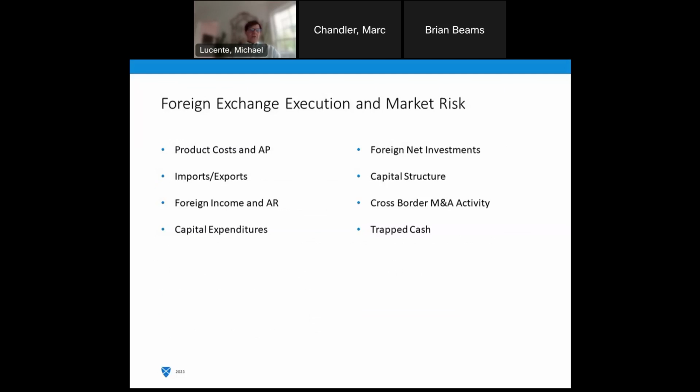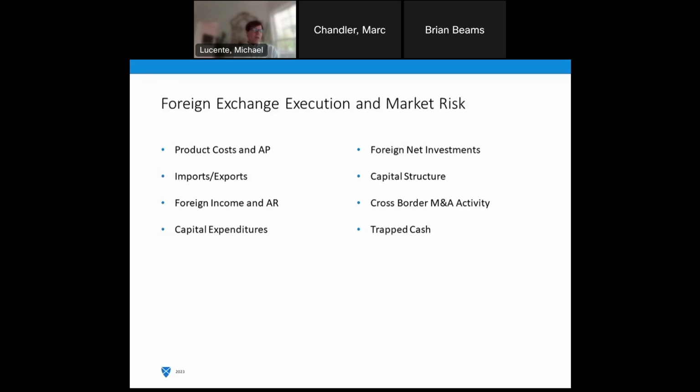So the execution and market risk: we have imports and exports, foreign income, you might be receiving dividends, you might have accounts receivable and payable, you might have capital expenditures, you might be buying or selling a company. You may have invested in a capital structure. You may have an equity investment in a foreign country, where the value of that investment is fluctuating due to the currency.